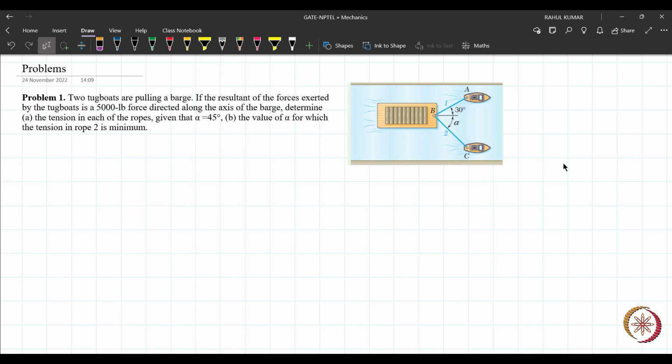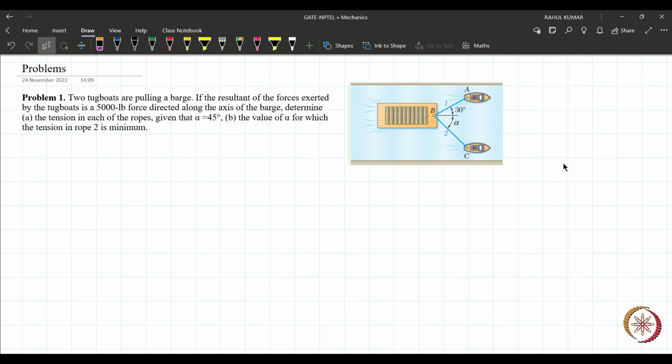Solved, sir. Yeah, what is the answer? The first one? Sir, first one is 3660.25 and 2588. Good, correct. Second one, alpha equal to 60 degree is coming, sir. Yeah, good, it's correct.